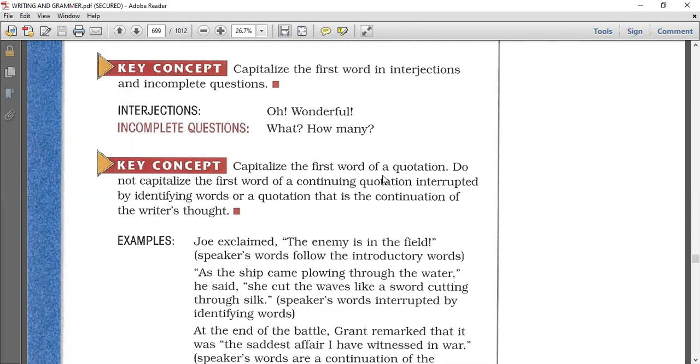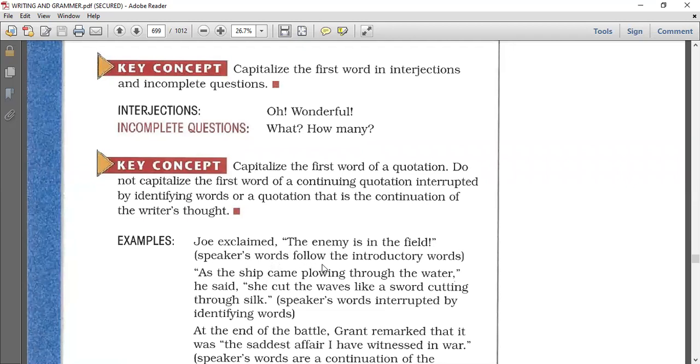So capitalize the first word of a quotation. If we have a quotation, do not capitalize the first word of a continuing quotation. Sometimes, "I'm hungry," said Ibrahim, "then I want to eat something." Okay, interrupted by identifying words or a quotation that is the continuation of the writer's thought. So look at the example. Joe exclaimed, then we have quotation marks or speech marks, "capital T, the enemy is in the field." Then we have another quotation mark.